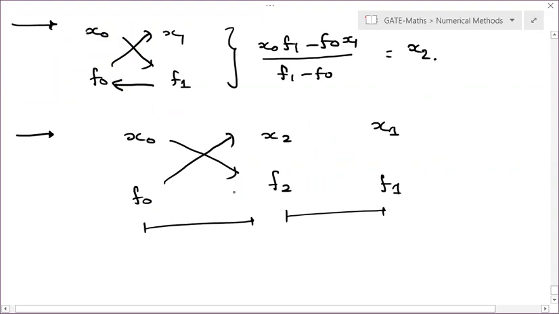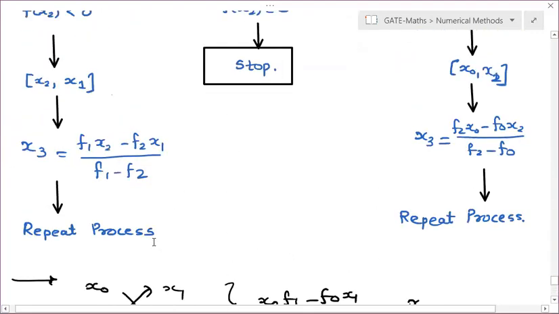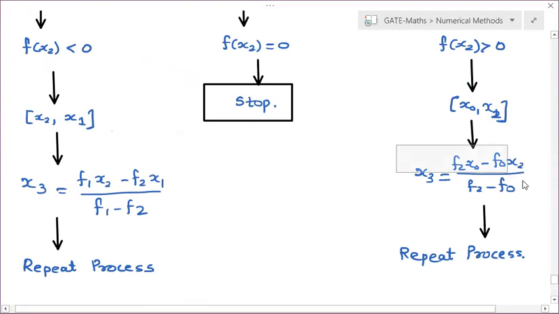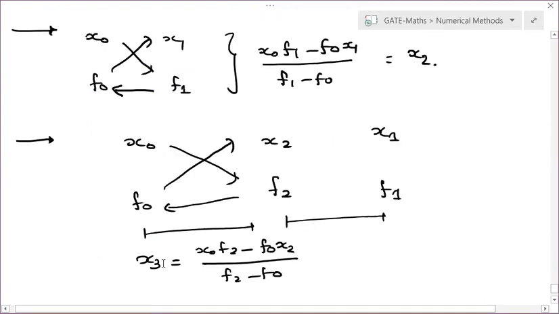What will be your next formula for x3? Here your x3 will become x0 f2 minus f0 x2 divided by f2 minus f0. So this is here.